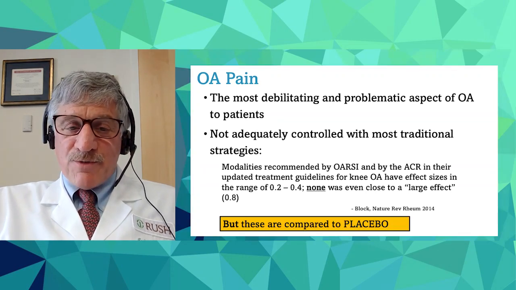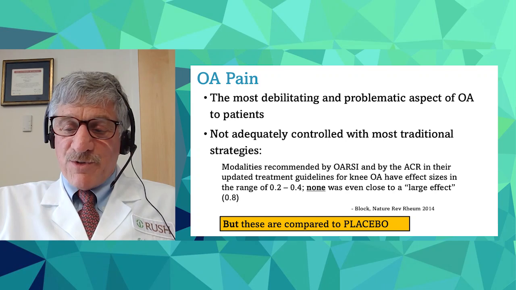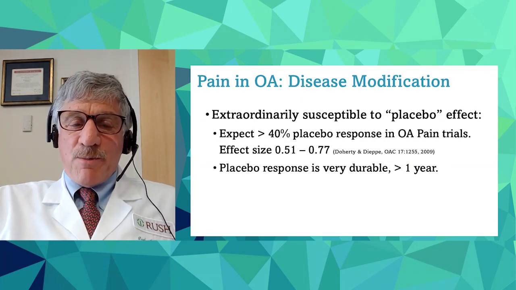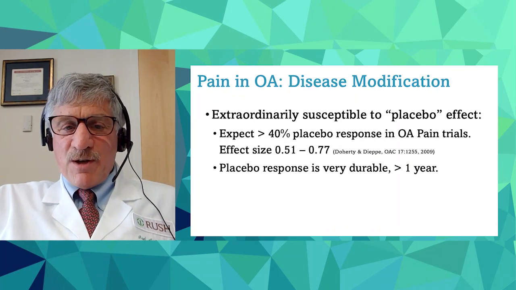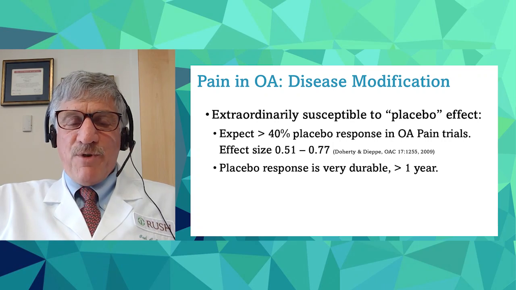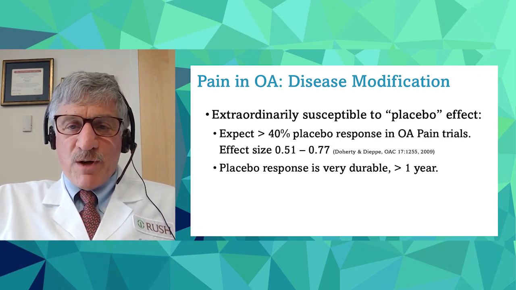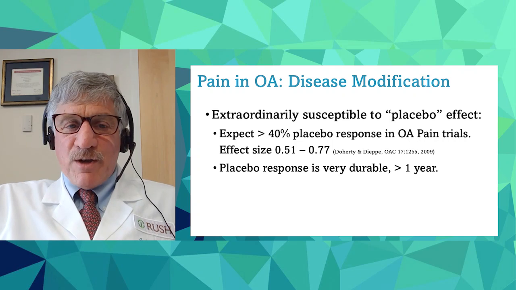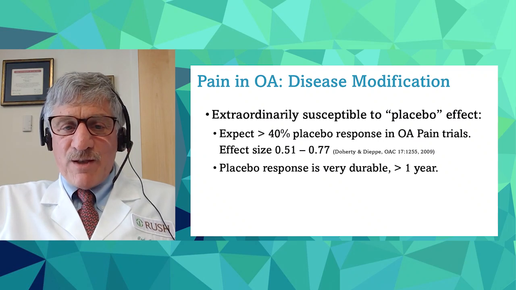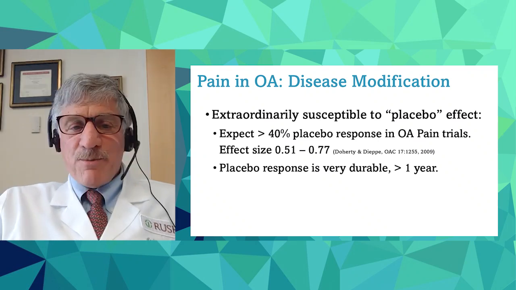However, all of these treatments are compared to placebo. And it's really important to remember that placebo is incredibly important in people who have knee OA. OA patients are very sensitive to the placebo effect. Whenever we do an OA pain study, we expect to see at least a 40% placebo response. And the effect size of placebo in OA is very large, between 0.5 and 0.8.